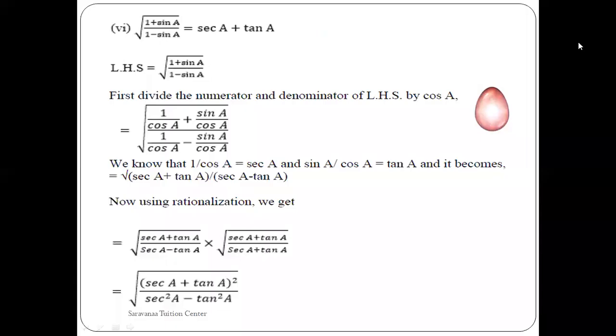Now, root of (1 plus sin A by 1 minus sin A) equals secant A plus tan A. You need to prove this. You need to multiply 1 plus sin A in both the denominator and the numerator.